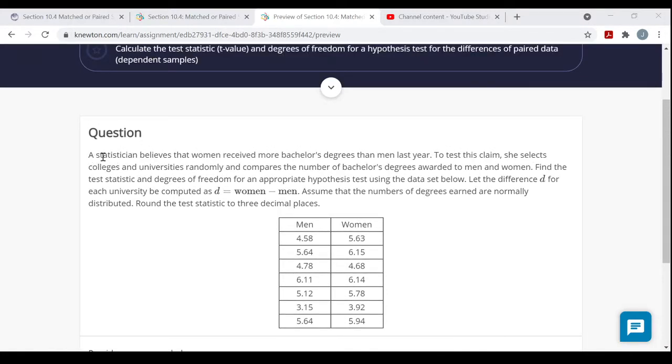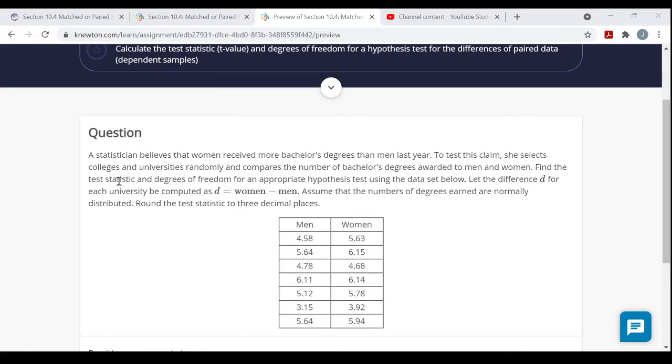Here a statistician believes that women received more bachelor's degrees than men last year. To test this claim, she selects colleges and universities randomly and compares the number of bachelor's degrees awarded to men and women.